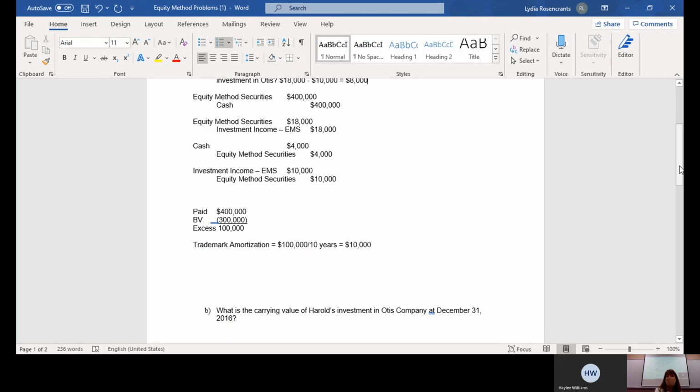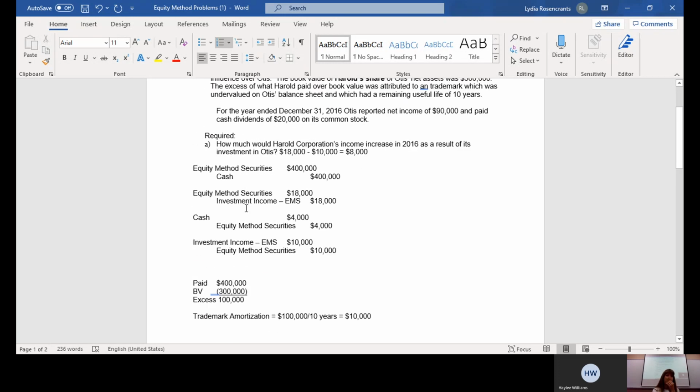The answer to B. Okay, now the answer to B is, what is the carrying value, or how much is Herald's investment in Otis worth? Notice that all 4 journal entries had the investment account, the equity method securities account.